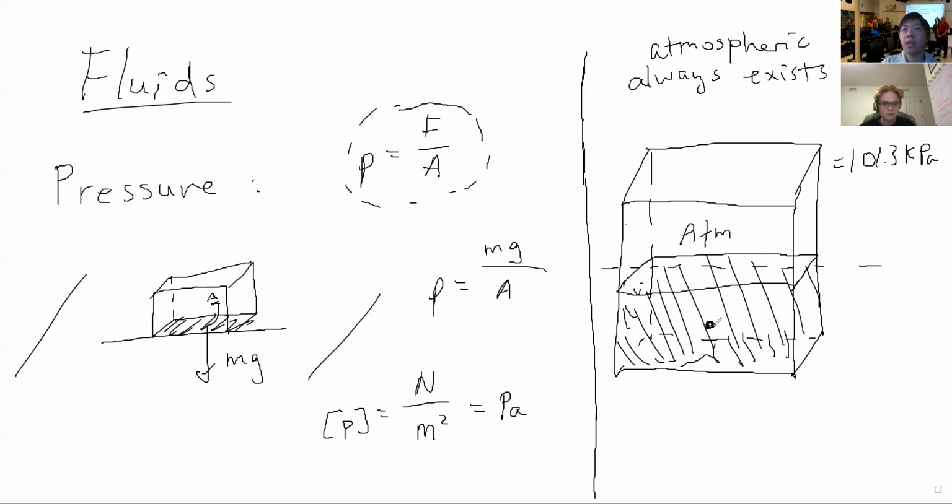Let's say you were here, and the slice of water that you were in is this slice right here. The distance between the surface and the slice of water that you're currently in is h.